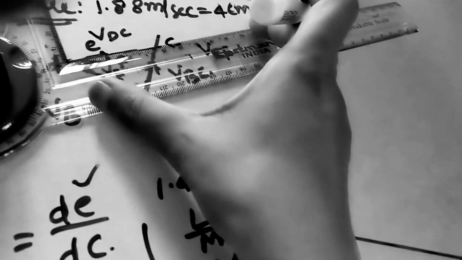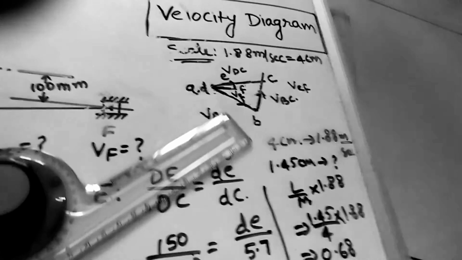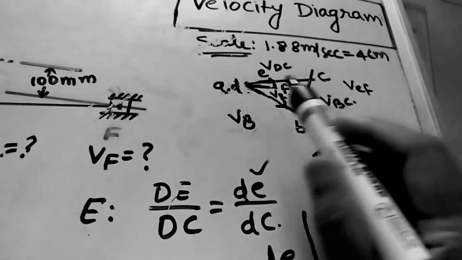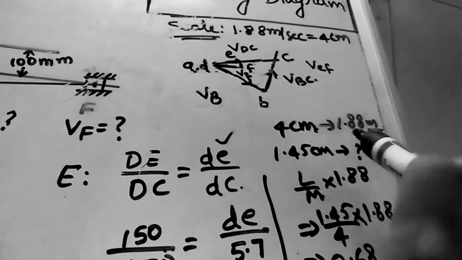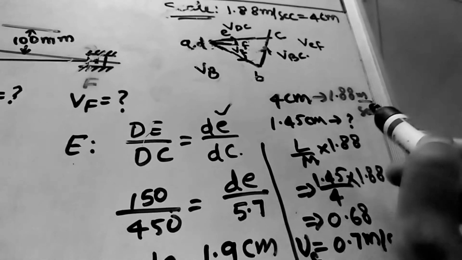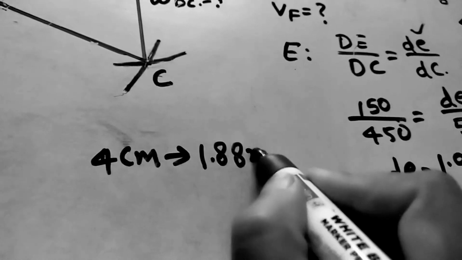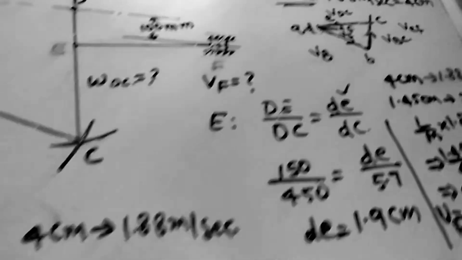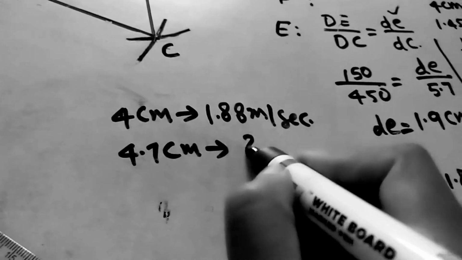DC length, it is nearly 4.7 centimeters, but we need velocity in terms of meter per second. That's why I am taking this scale. For 4 centimeter, 1.88 meter per second. So this value we got 4.7. For 4.7 centimeters, how much velocity?